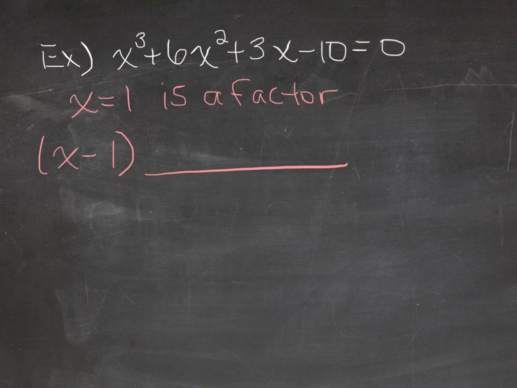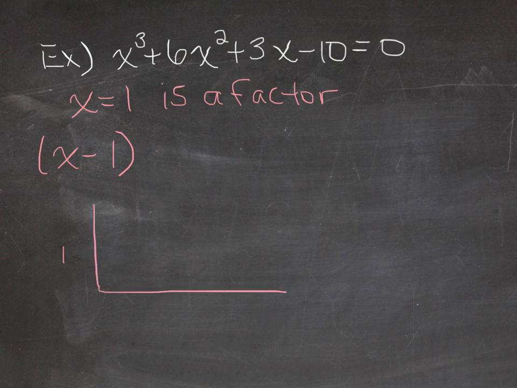So what I'm going to do is synthetic division. So I am using that factor 1 that I found out here, and then I'm just listing the coefficients of my original polynomial at the top. So I have 1, 6, 3, and negative 10.